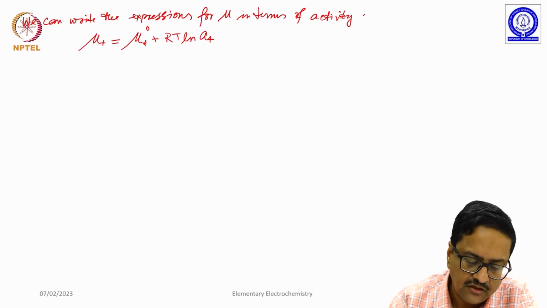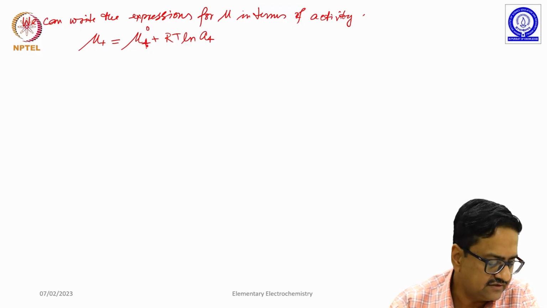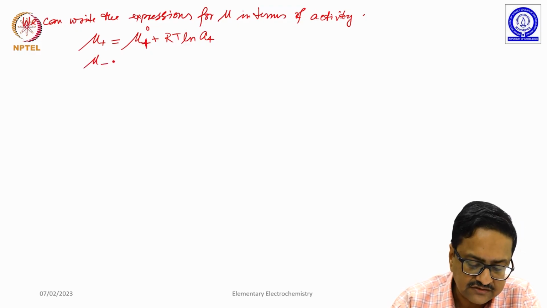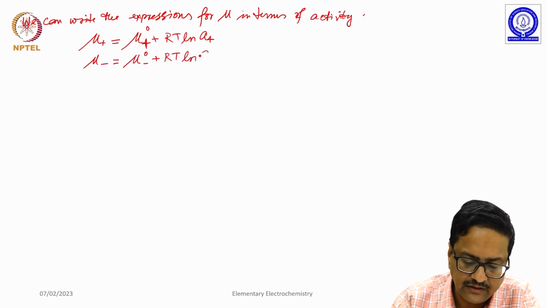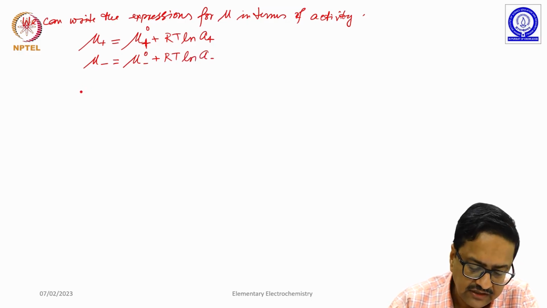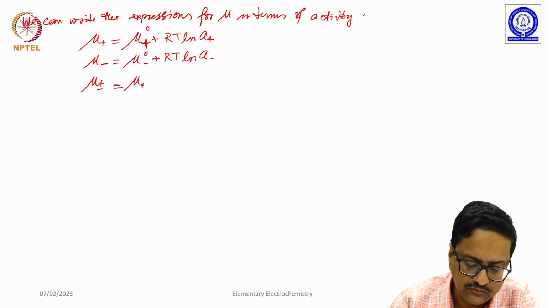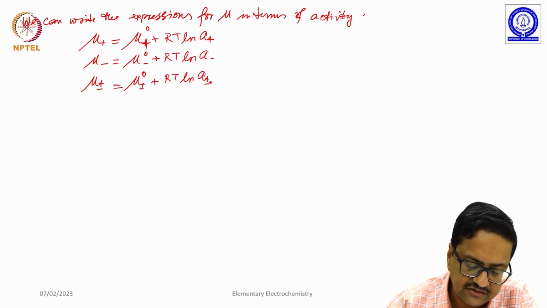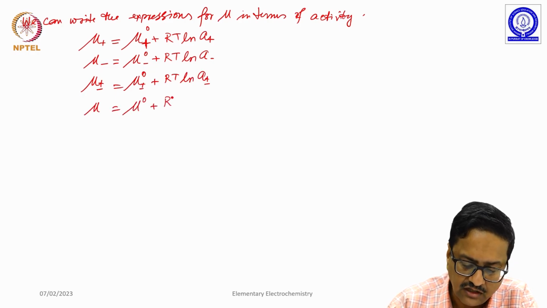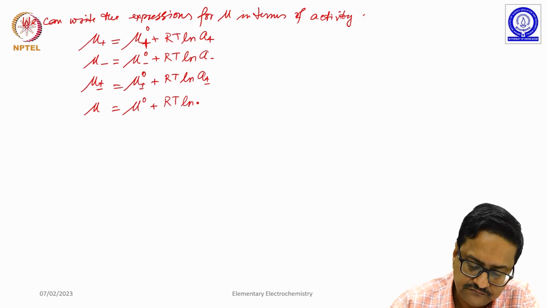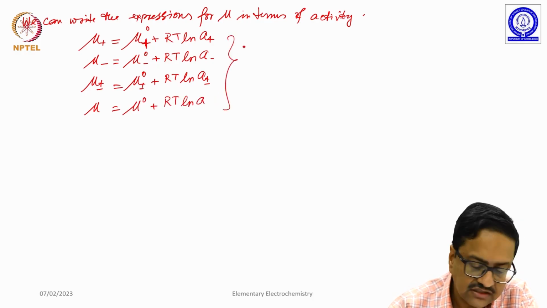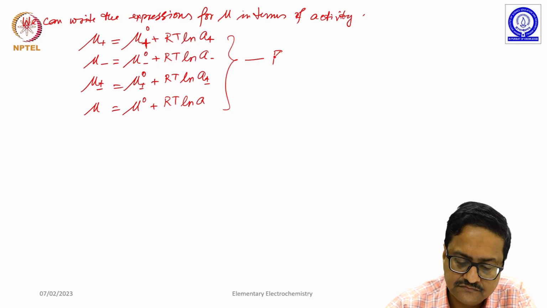Mu plus 0 means the chemical potential of the cation at standard state. Similarly, mu minus equal to mu minus 0 plus RT ln A minus. Similarly, mu plus minus equal to mu plus minus 0 plus RT ln A plus minus, and also mu equal to mu 0 plus RT ln A. All these four equations are numbered together as F.